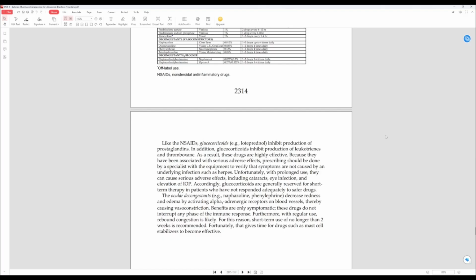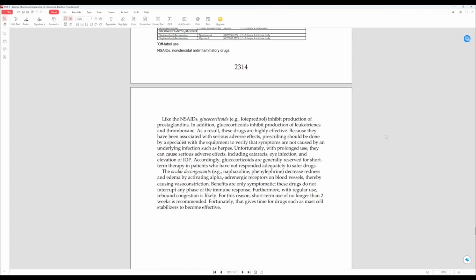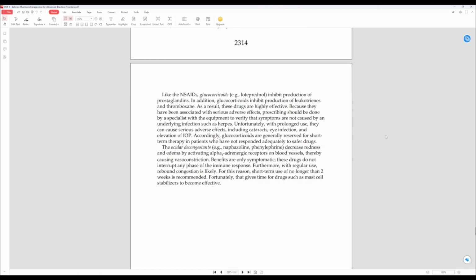Unfortunately, with prolonged use, they can cause serious adverse effects, which include cataract and eye infection, and the elevation of IOP. Accordingly, glucocorticoids are generally reserved for short-term therapy in a patient who did not respond adequately to safer drugs.